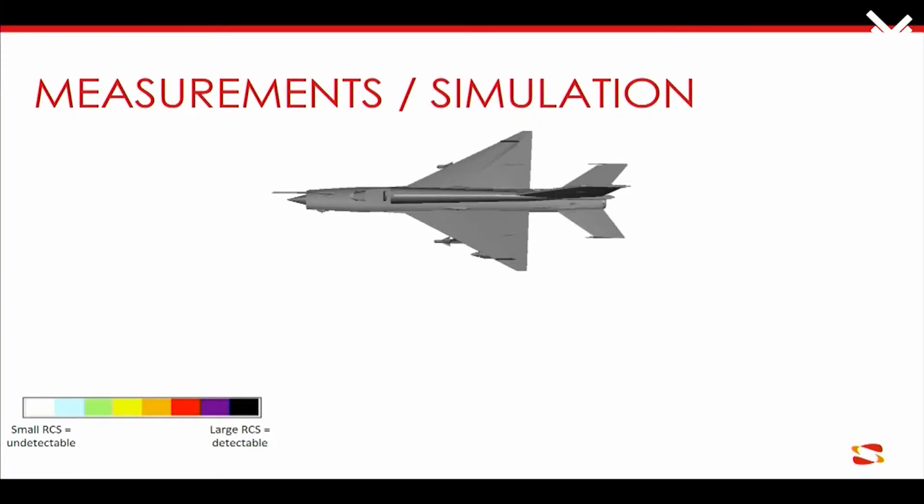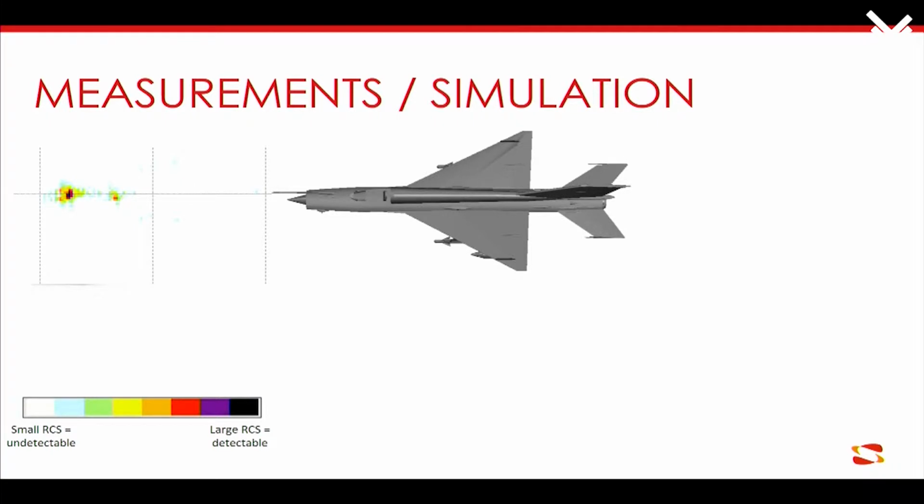Actually, these measures are realized in an anechoic chamber when the aircraft is immobilized. The aircraft is placed in the center of the anechoic chamber, where the walls are covered by stacks of radar-absorbing material. To begin, the radar is in front of the aircraft.